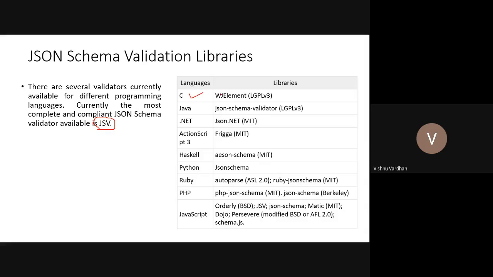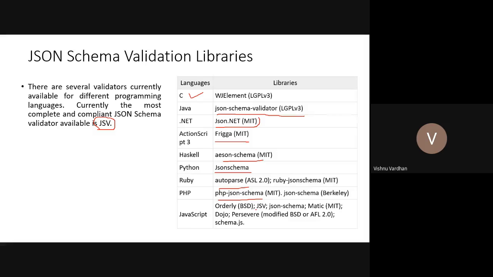So C language is supporting the WJ element library. Java is supporting the JSON schema validator library. .NET is supporting the JSON.NET library by MIT. ActionScript Flash is supporting this library. Haskell supports this. Python supports JSON schema. Ruby, PHP, and JavaScript support so many libraries.